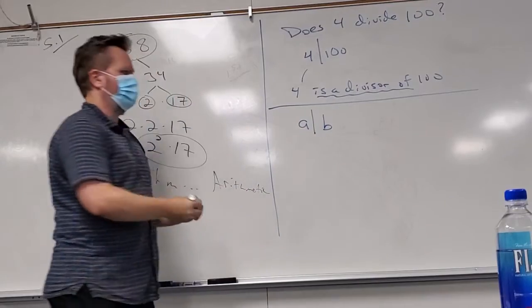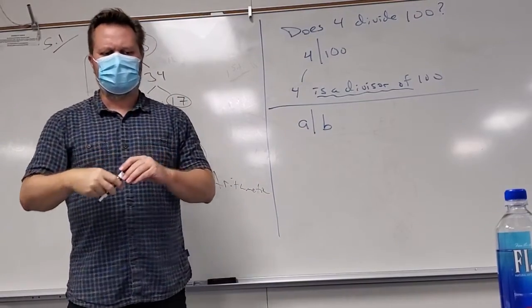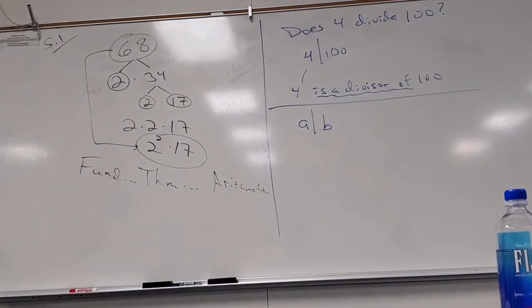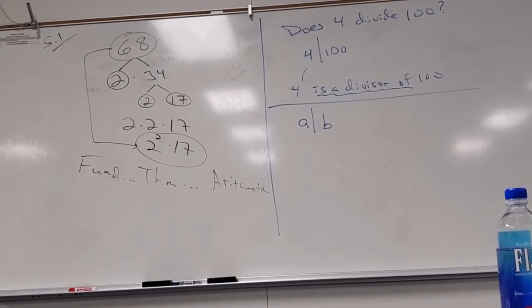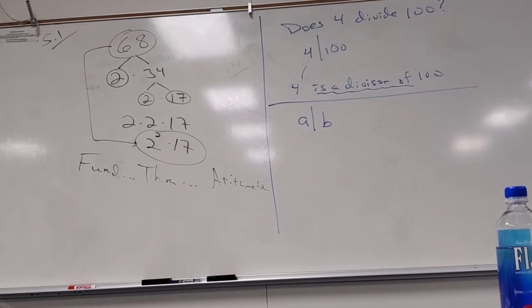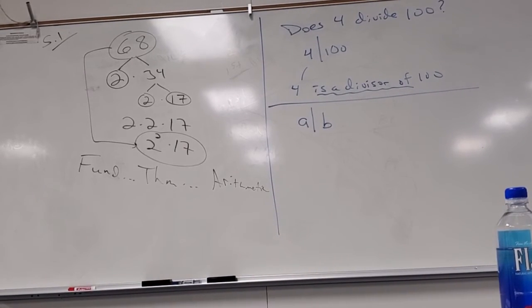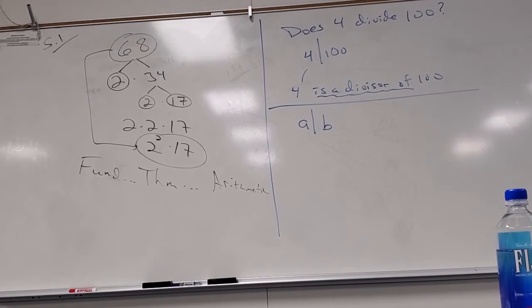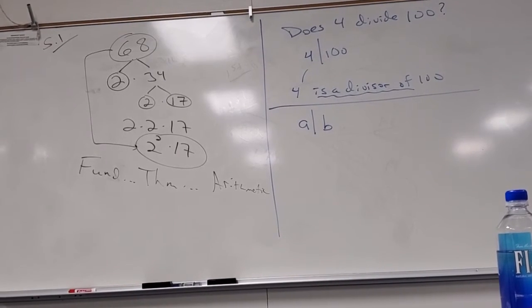A goes into B evenly. How can you say that more succinctly? 4 divides 12 because 4 times 3 is 12. 4 divides 20 because 4 times 5 is 20. So if A divides B, that means A times something is B.